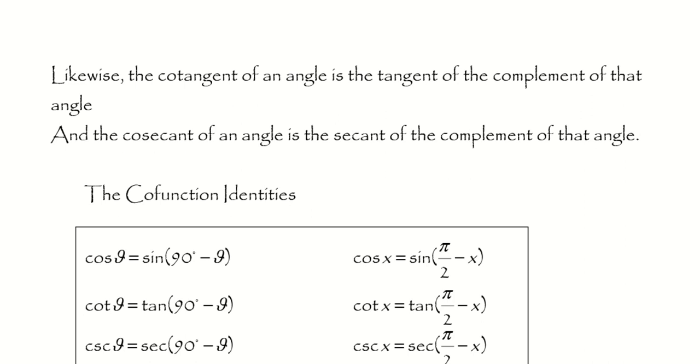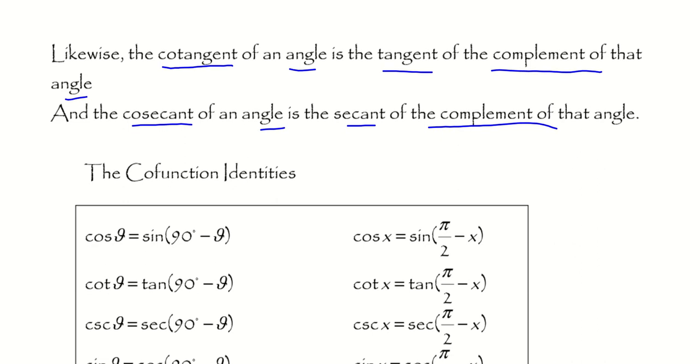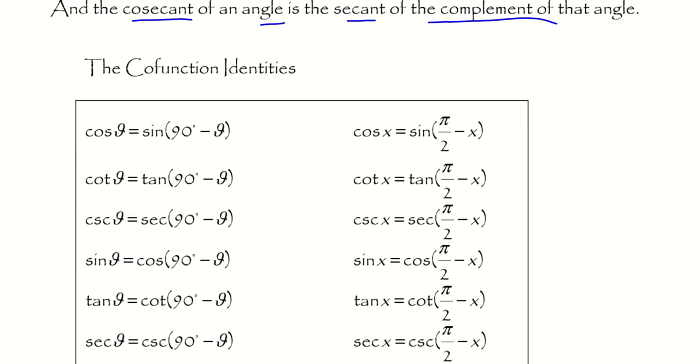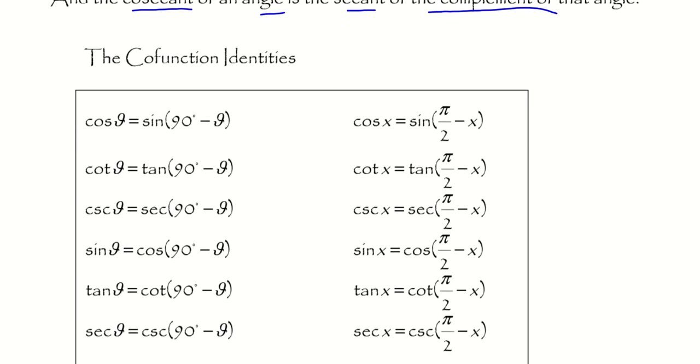Now, likewise, it would be true that the cotangent of an angle is the tangent of the complement of that angle, and the cosecant of an angle is the secant of the complement of that angle. So from that, we get what we call the cofunction identities. Those cofunction identities say that the cosine is the sine of 90 minus theta, the cotangent is the tangent of 90 minus theta, and the cosecant is the secant of 90 minus theta.